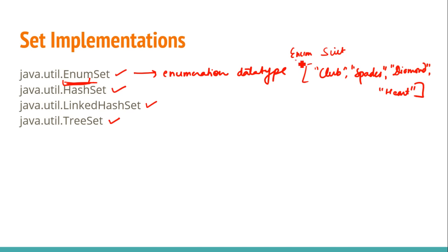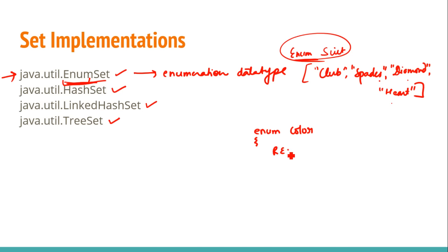Now if you create this enum with these 4 data, this enum can then be used to create an enum set. So enum set is the implementation of set which only uses the enumeration data type. Only an enum data type can enter into it, right? Or let's say, for example, we have color. We declare an enum color.